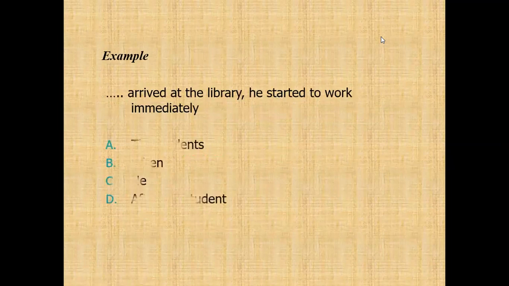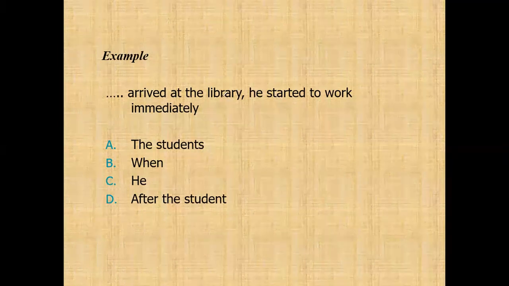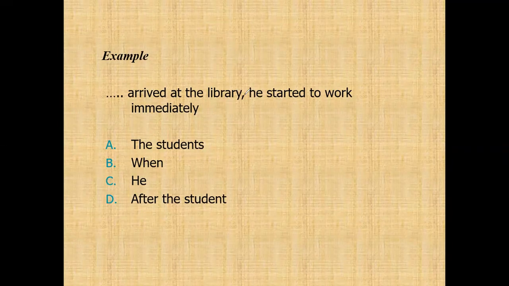Look at this example. Blah, blah, blah arrived at the library, comma, he started to work immediately. So remember, there is a comma here in the middle, but there isn't a connector. It means that you have to use an adverb clause connector because the formula is, after the comma, there is a subject, he, and a verb, started.